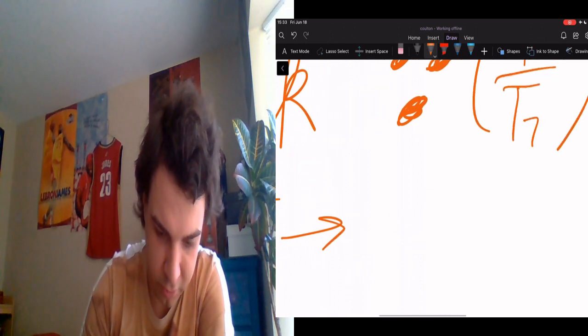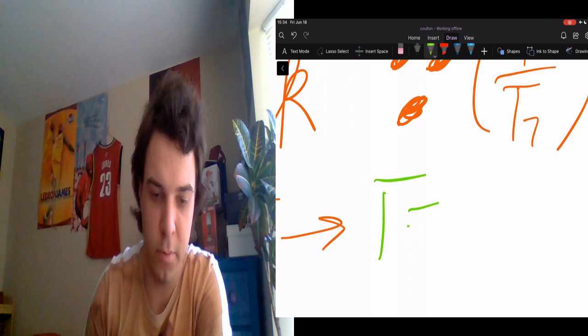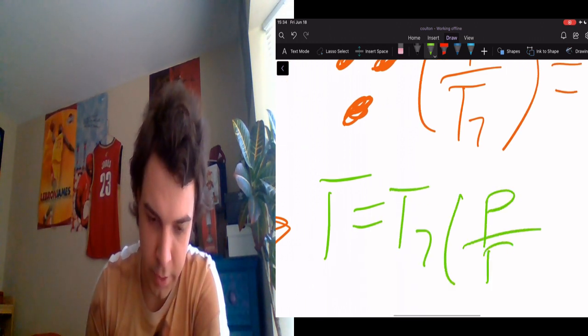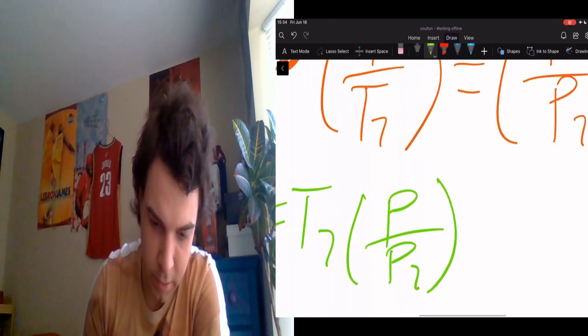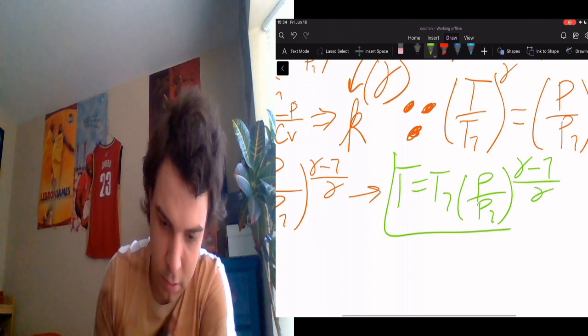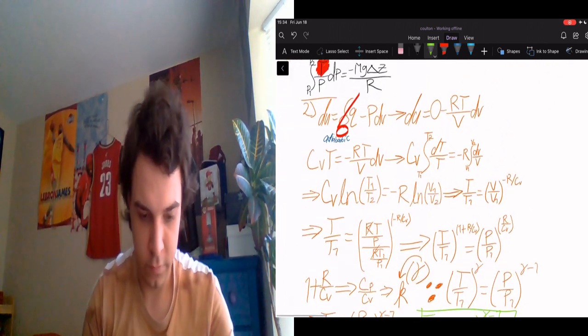And that gives us, this is important here, the temperature equals temperature 1 times pressure over pressure 1 to the gamma minus 1 over gamma. And that is the end of our first little solution here.